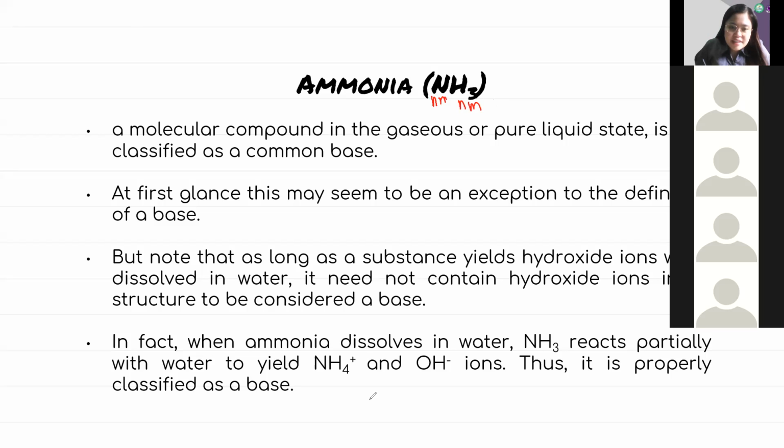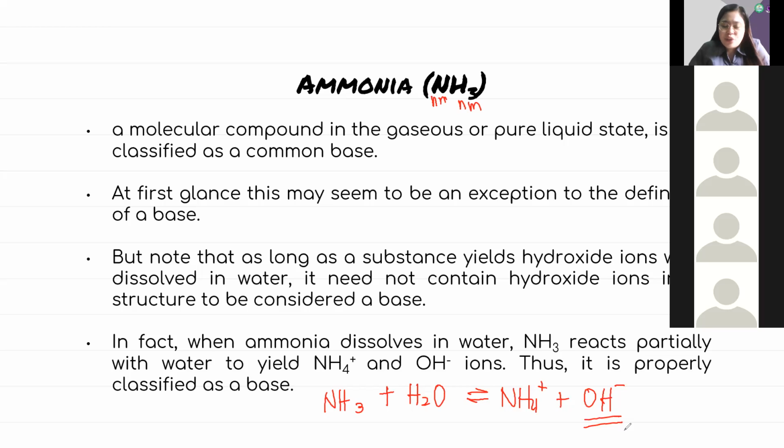gi-classify as base? Kasi if ammonia, class, is pina-react natin sa water, it will give the ammonium ion and the OH. So you will have the OH gihapon na ma-form here when you react ammonia and water. So again, classified pa rin siya as base.